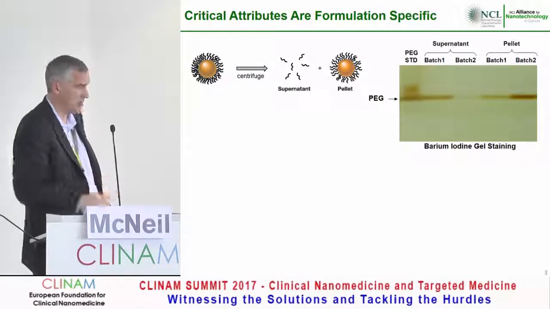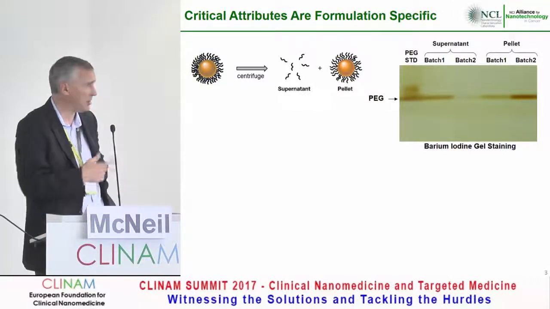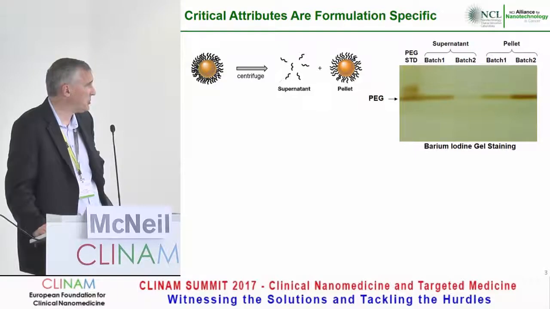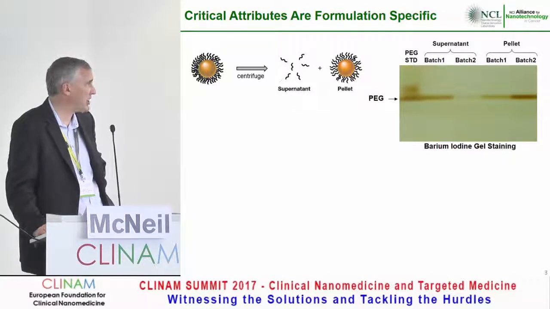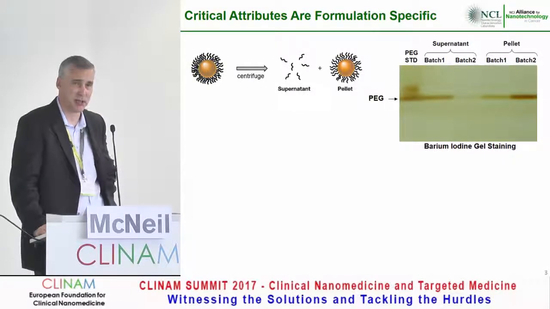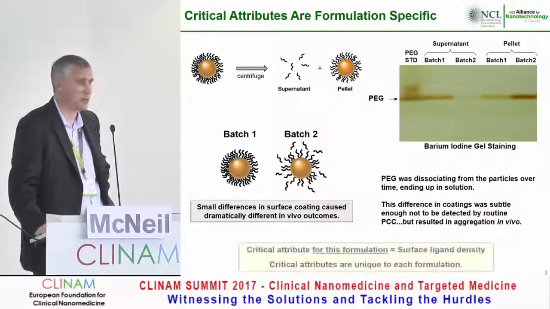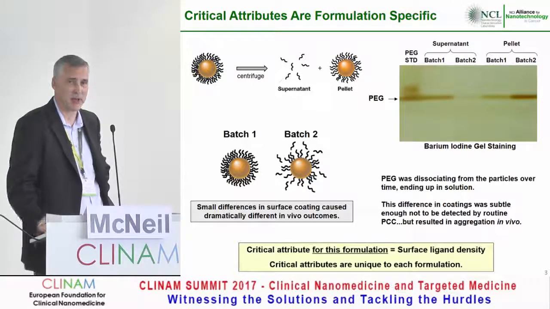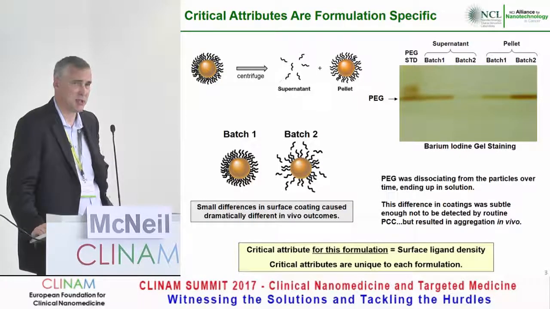But then when we went into further analysis of the density of the PEG layer, as you can see up here between batch 1 and batch 2, I trust that you'll be able to read that gel to see that for batch 1, most of the PEG was in the supernatant as opposed to still attached to the particle. That contributed to the mechanism of action in the toxicity, in that the PEG was disassociating from the particle.